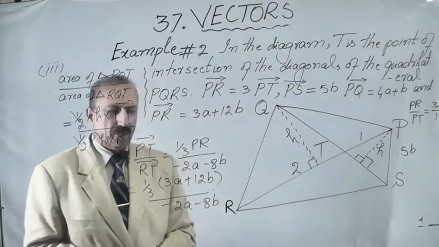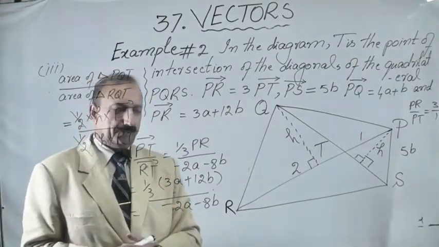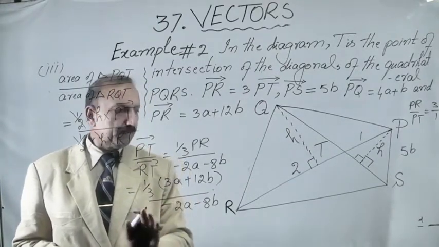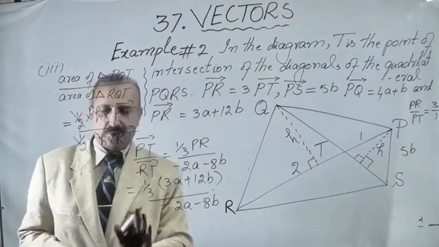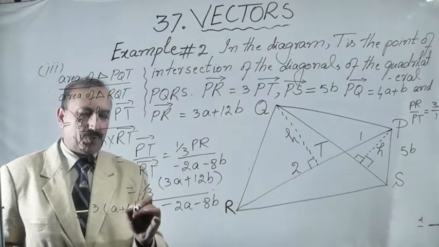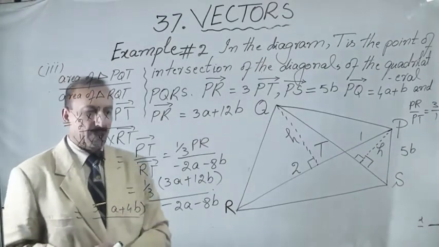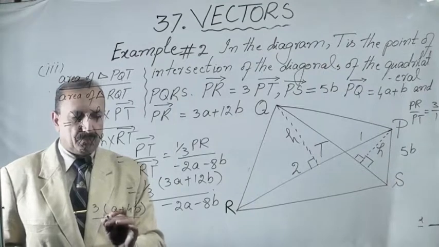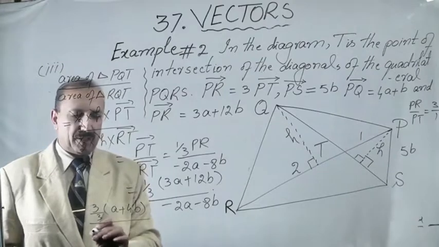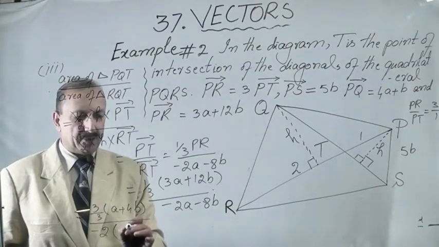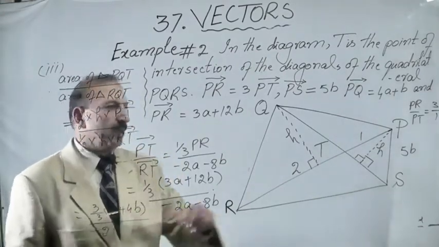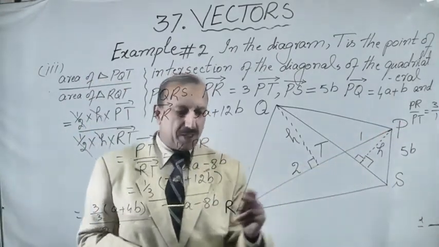Alright, let's take 3 common from here. This is 3 into A plus 4B over, and then we take minus 2 common from here. I think there's a sign problem, and the problem is because of the direction. We are using PT here, and here we are taking RT.